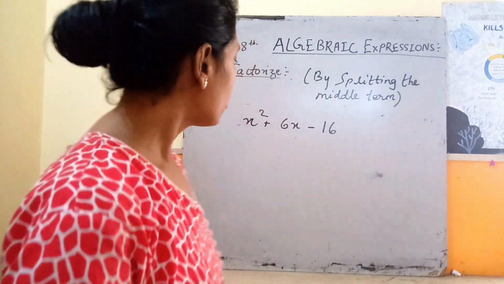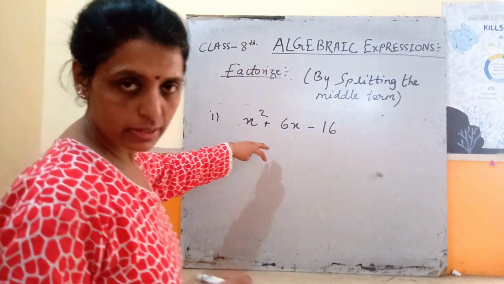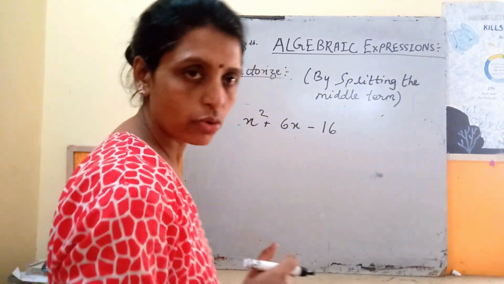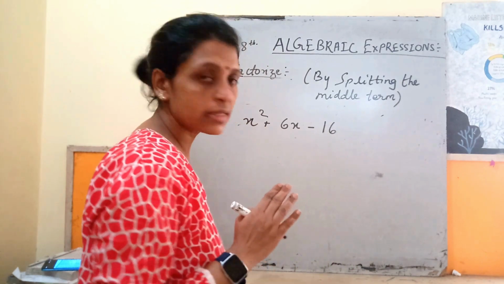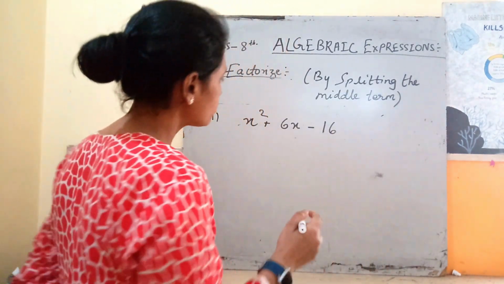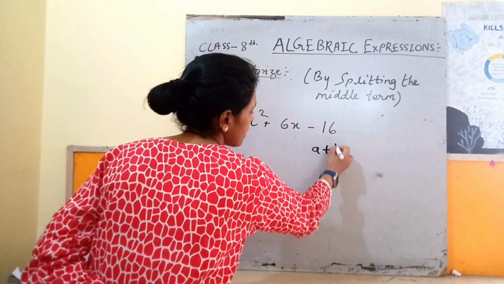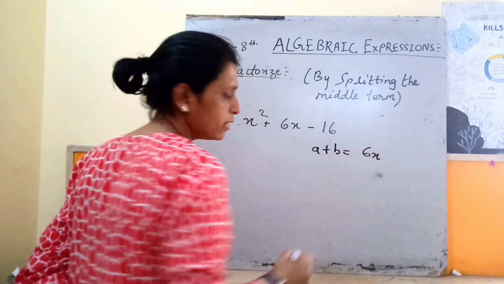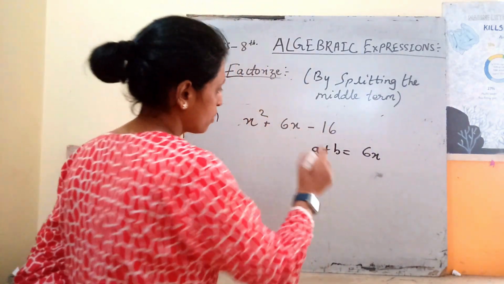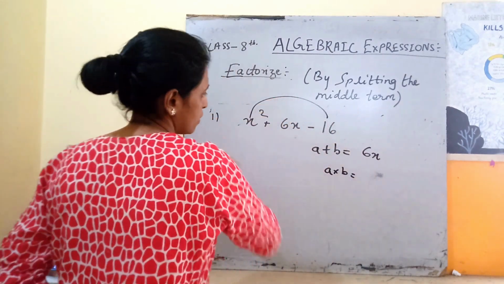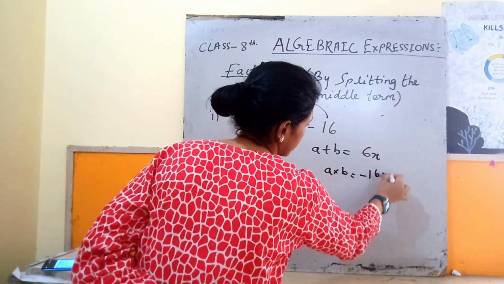Now in the method of splitting the middle term we have to check that the middle term is 6x. So we will split 6x in terms of two factors such that when we add those two factors, we get the middle term 6x, and when we multiply the same factors, like a into b, we get minus 16x squared.